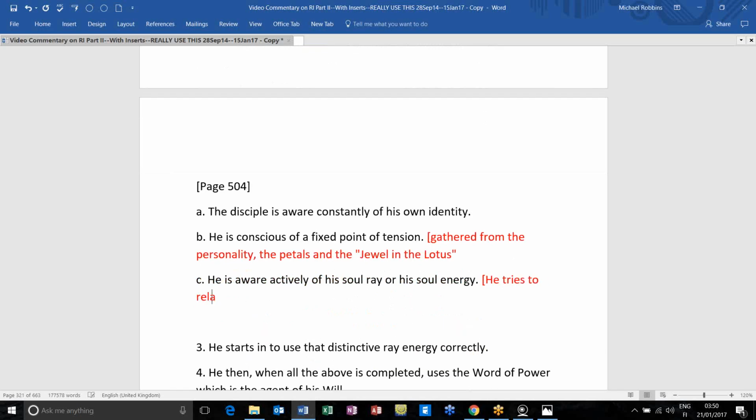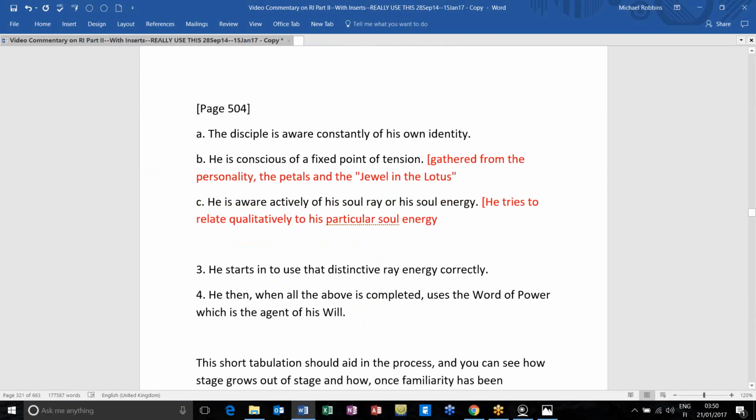He tries to relate qualitatively to his particular soul energy. He starts in to use that distinctive ray energy correctly. And he is aware of its distinctiveness from the other energies. And he then, when all the above is completed, uses the word of power, which is the agent of his will, strengthened by soul will.